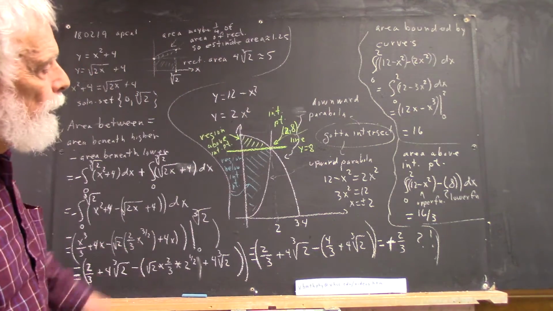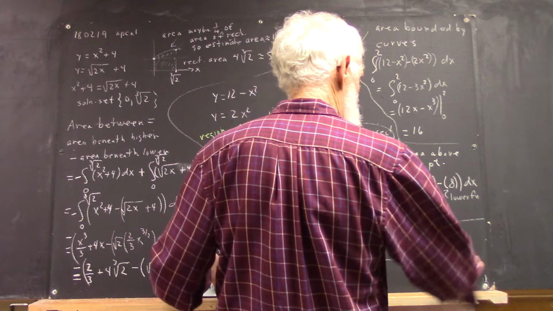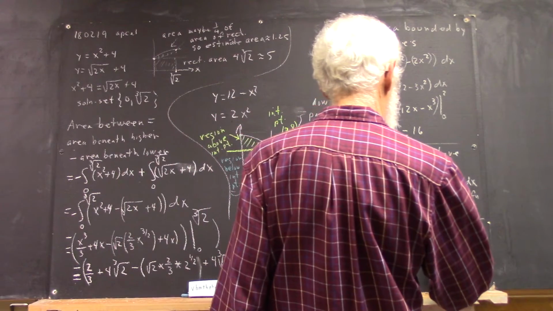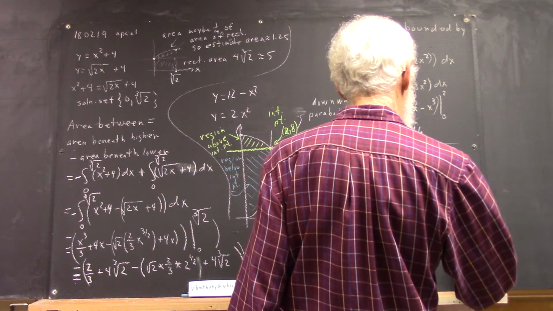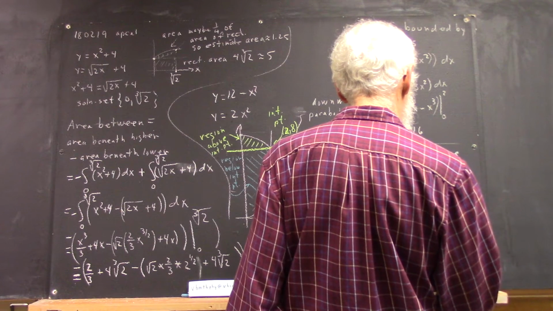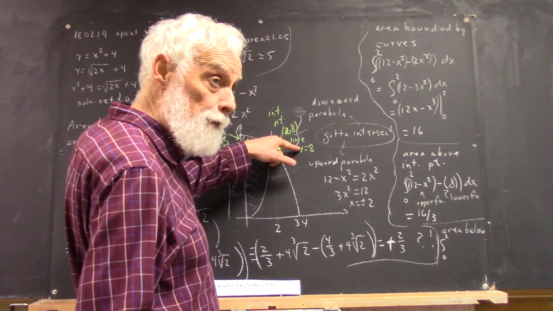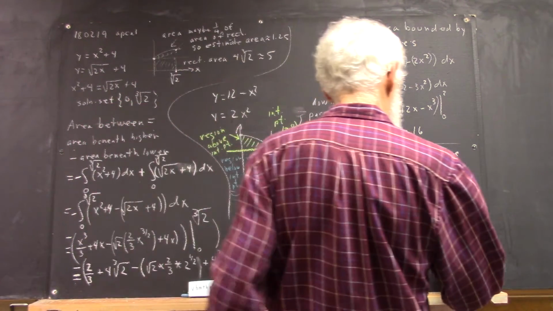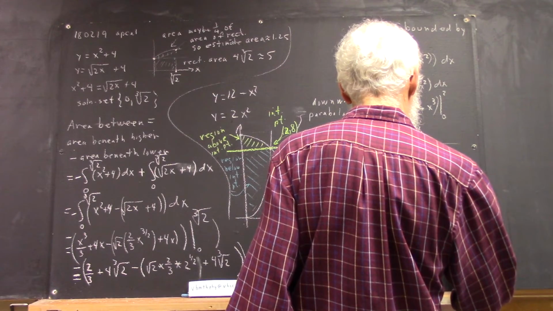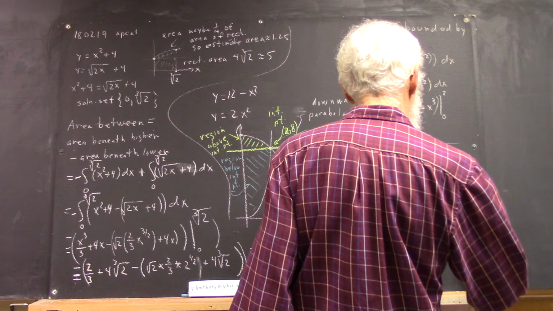And then the other area, probably have to spill over into this space, but area below is the integral from 0 to 2 of the upper function, which is your y equals 8 function, minus the lower function, which is your 2x squared function.